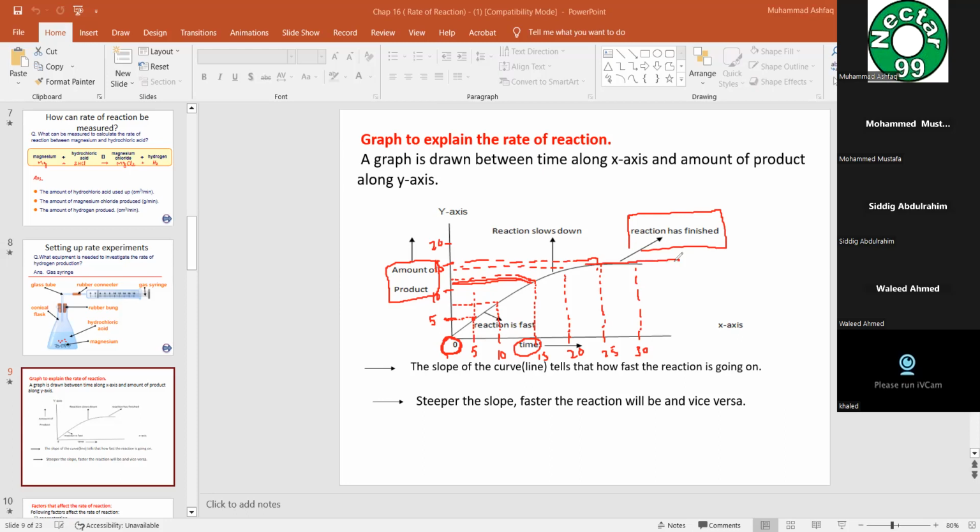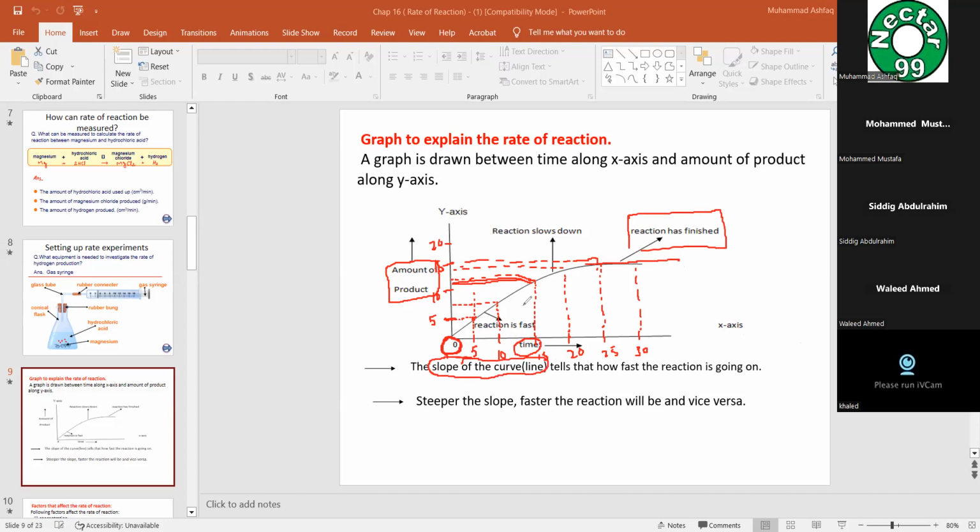So what does this graph tell you? Number one, the amount of product and the time that is passing. Second, very important, the slope. The slope of the curved line tells how fast the reaction is going on.